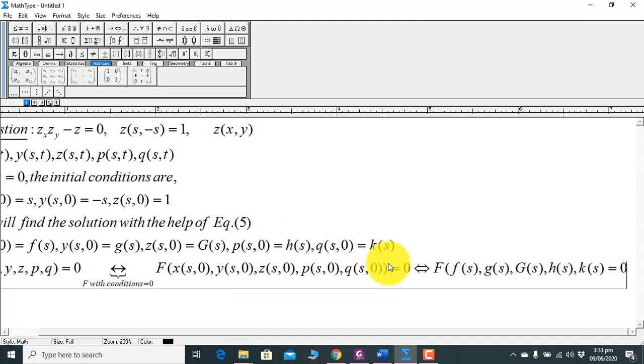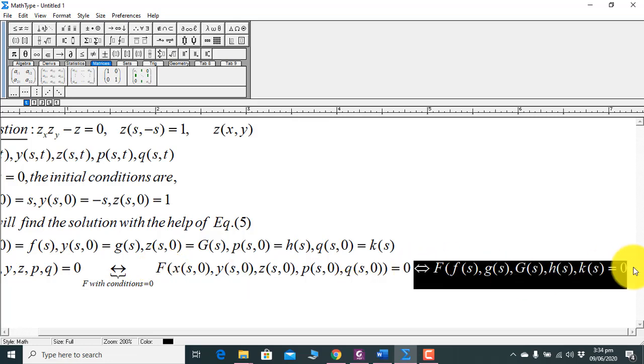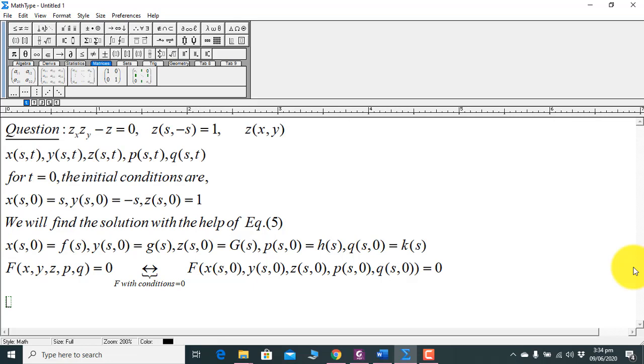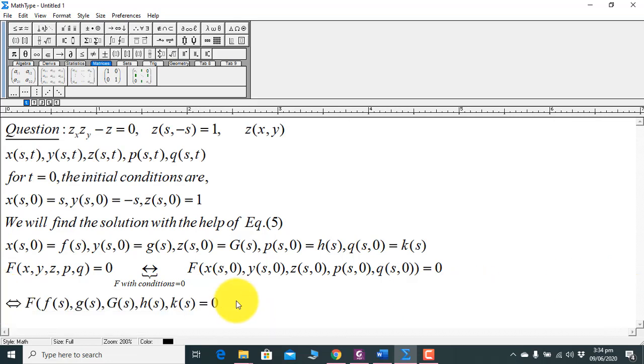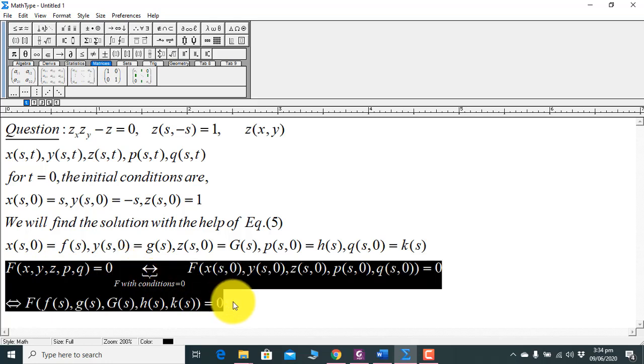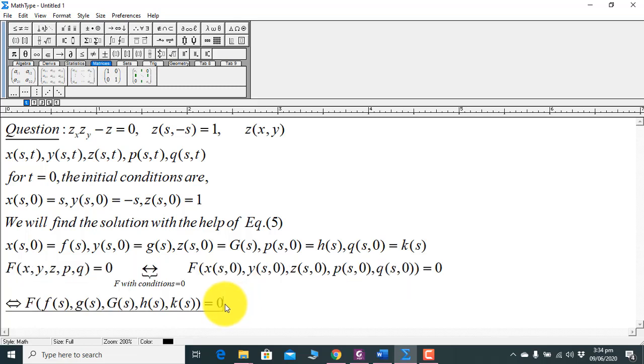So you can write this equation as well. What I was explaining is: if capital F with the variables is 0, then capital F with the conditions will also be equal to 0. So this is the first equation.